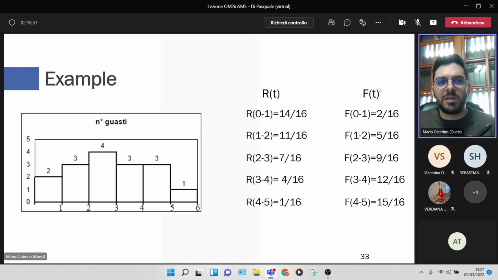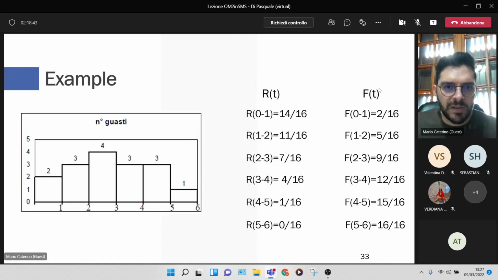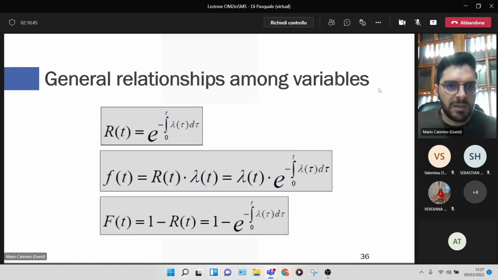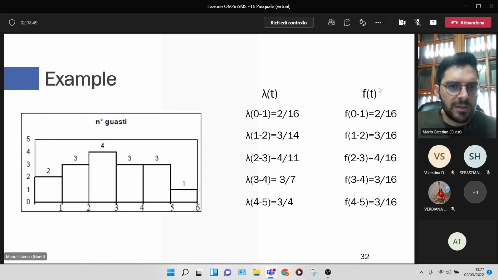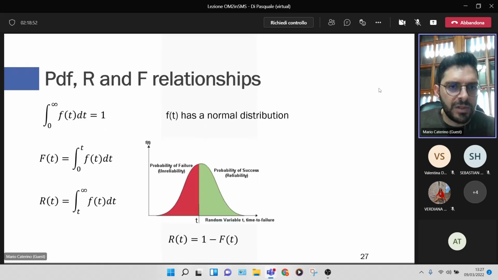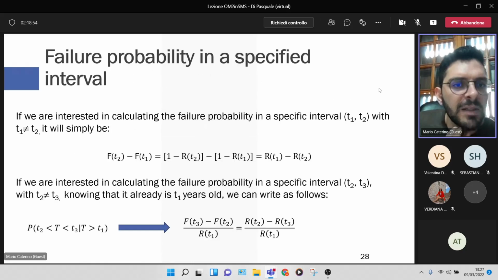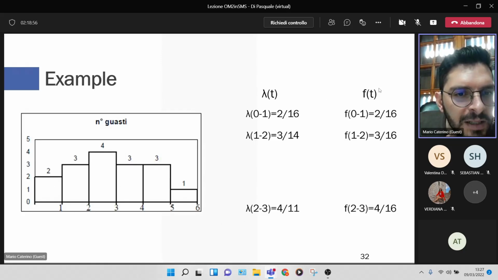And so I think I have some image, in which I should have part of both reliability and unreliability.